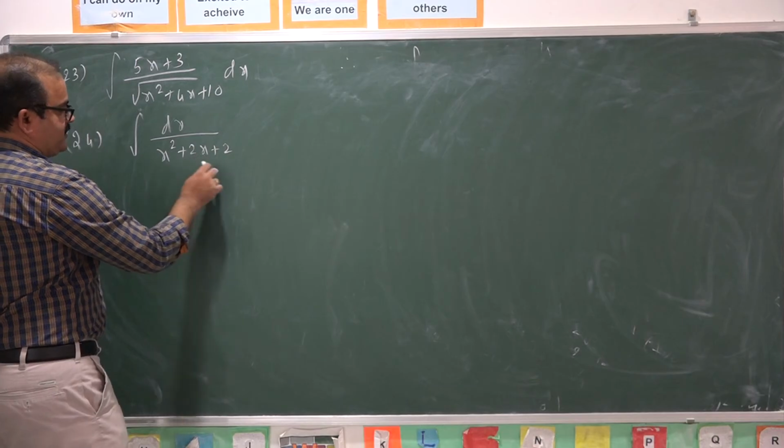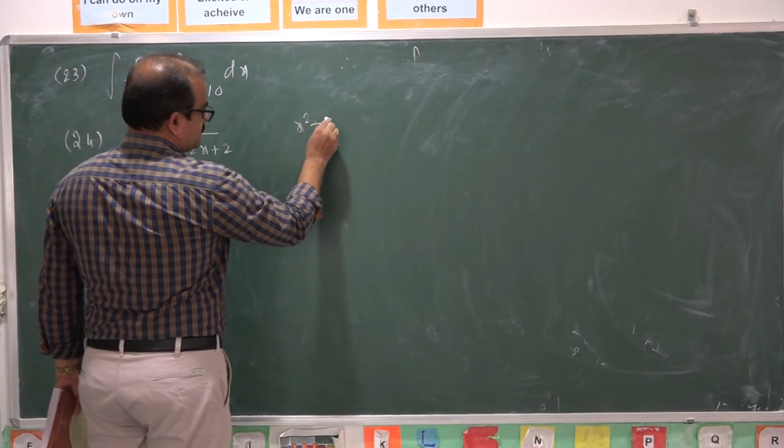What is the quadratic form here? X square plus 2x plus 2.